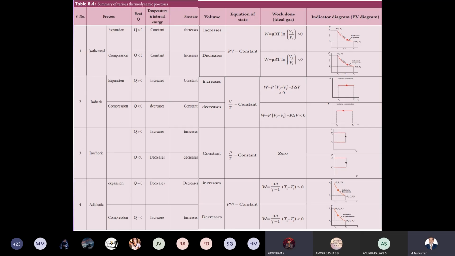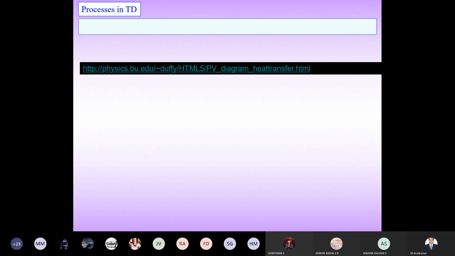Where we stopped. So you can access this web page, physics.bu.edu, the diagram kit and HTML through the web page. So just spend some more time on this web page, so we can get some more idea about the thermodynamic processes.